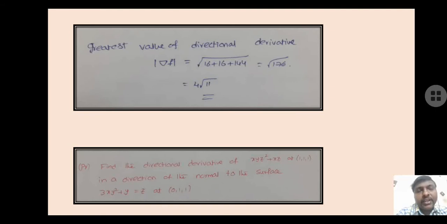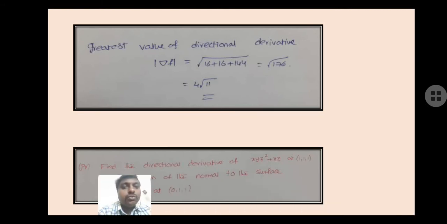So in the previous example, they gave the scalar point function and a vector. But in this example, they give two different surfaces. We try to find the directional derivative of the one surface at that particular point in the direction of another surface normal vector. So the second surface is 3x y square plus y is equal to z at that particular point 0, 1, 1. Okay.